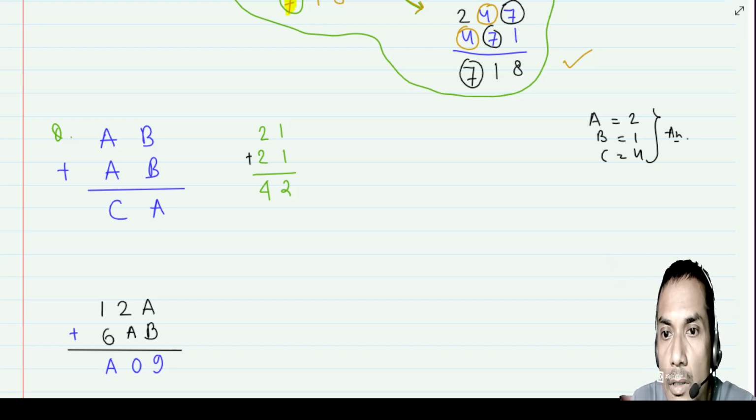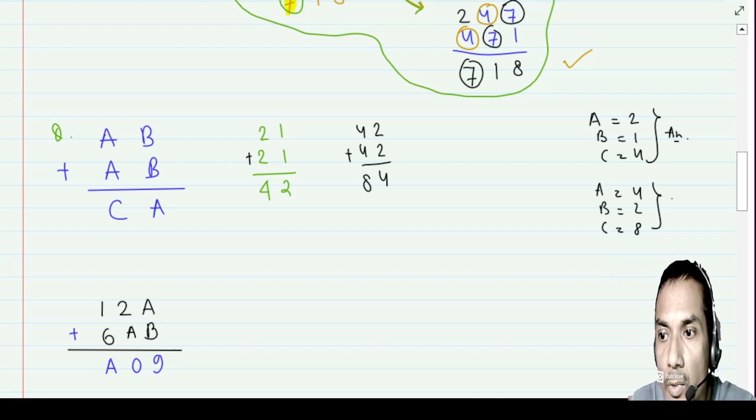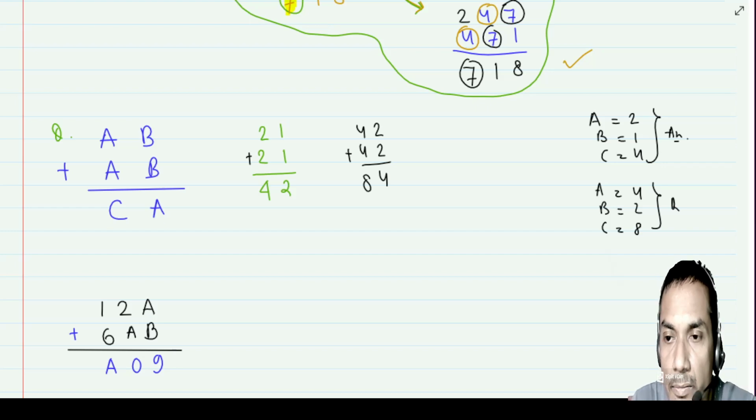If I put 2, then 2 plus 2, it is 4, and you transfer the 4 in this place, so this is 8. So what is the answer? Again it is A is equal to 4, B is equal to 2, and C is equal to 8. This is also possible. Any other?